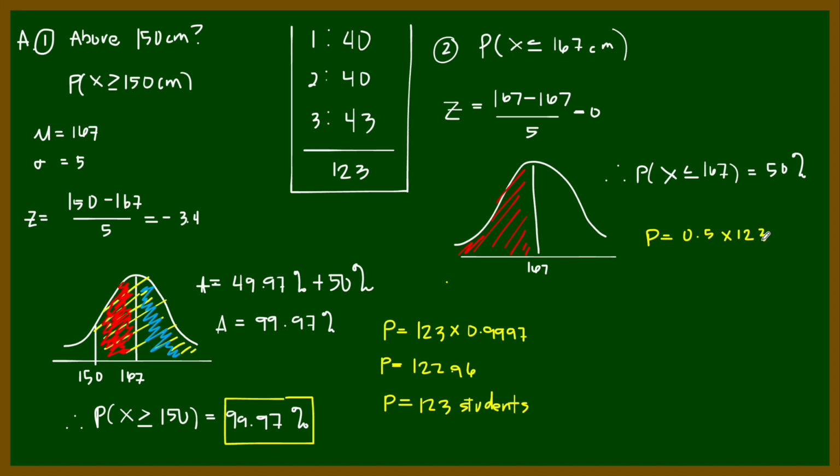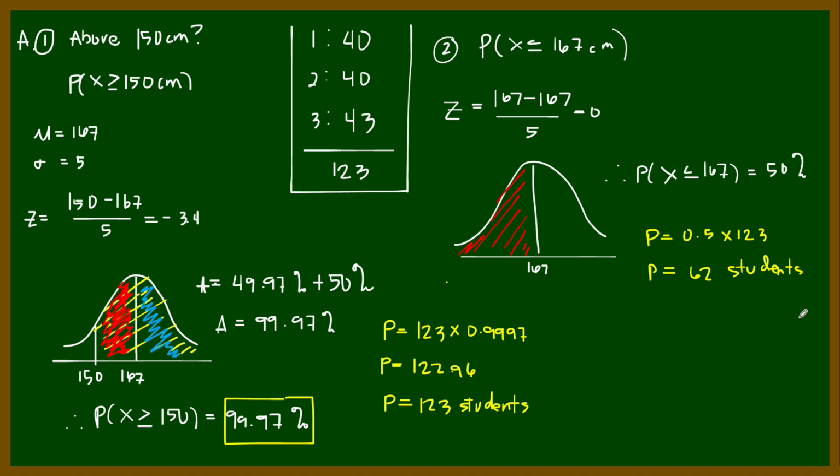Since we have no decimal form again, we just approximate and round it off. It will give us 62 students. If 62 students are below 167 centimeter, then 61 students are above 167 centimeters. So, they just split in half.